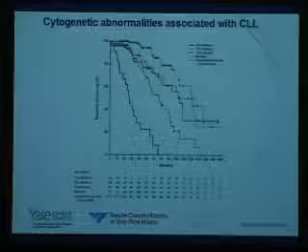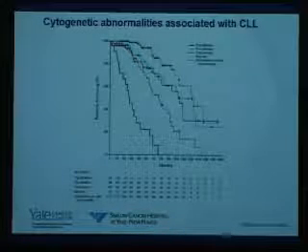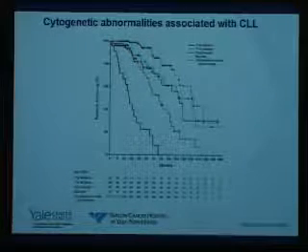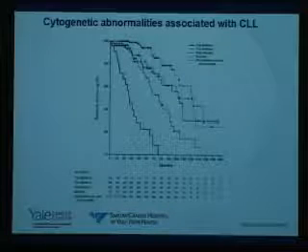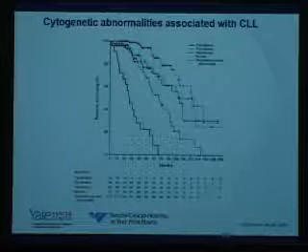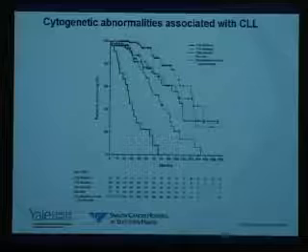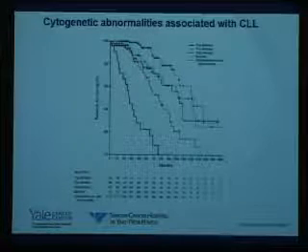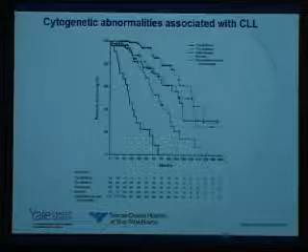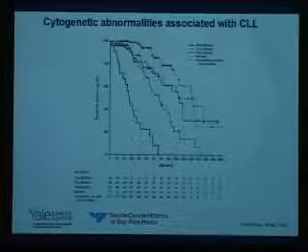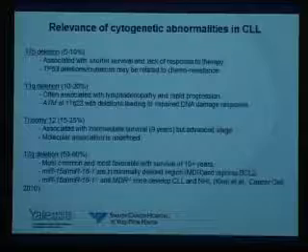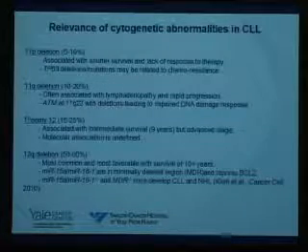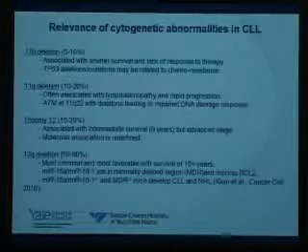In contrast, deletions of the short arm of chromosome 17 are the least favorable, with a survival of less than 3 years. Now, about 82% of patients have clonal cytogenetic abnormalities associated with their disease. But in many cases, the relevance of the mutations is unclear.